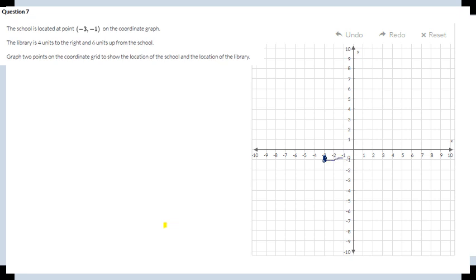So I'm going to draw 1, 2, 3, 4 units to the right, and 6 units up from the school. So 1, 2, 3, 4, 5, 6. So this point. Okay, those 2 points show the locations of both of those.